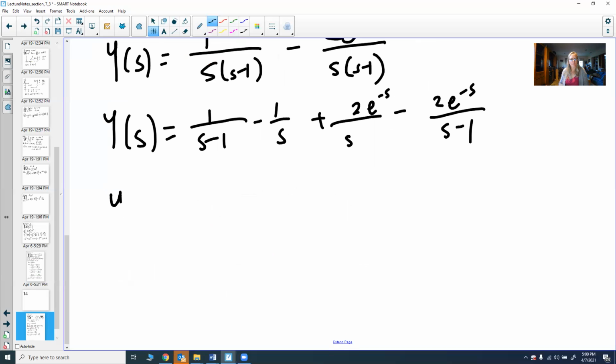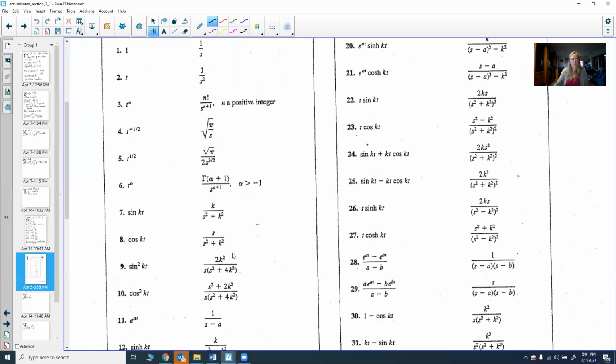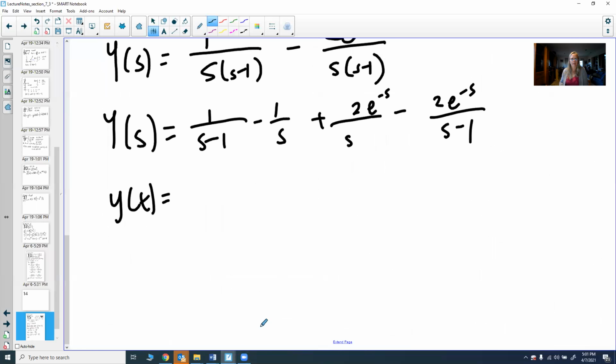So y of t equals the inverse Laplace. So you look it up, and again, going into your table, you're looking for 1 over s minus a. That is actually e to the at. So that becomes e to the at.